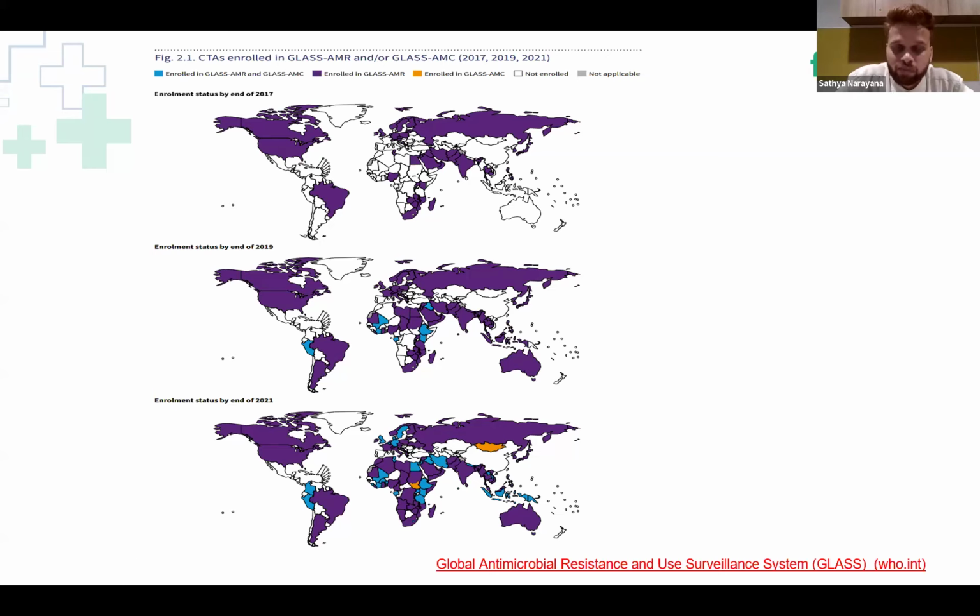The consumption is very important because consumption acts as a tool to know how these irrational practices are promoting antimicrobial resistance. That's why the consumption data is very much important, and nowadays even many countries are giving attention to it. There are a few more organizations doing surveys: ICMR is working on it, followed by IQVIA, WHO, and also CDC.